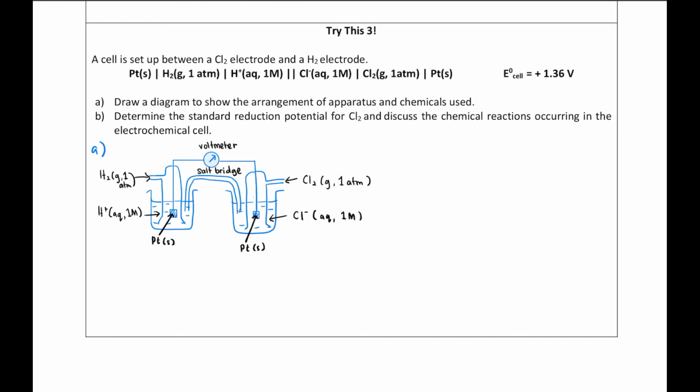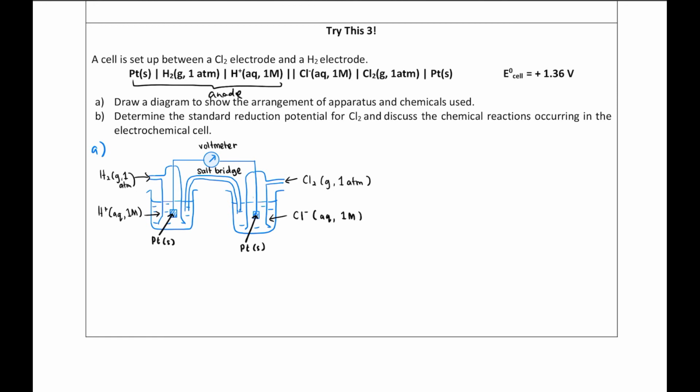This is platinum solid, and ini pun sama, this is platinum solid. And for she, the electrolyte adalah H plus equals 1 molar. And then the gas in adalah hydrogen gas 1 atm. Okay, don't forget to draw your voltmeter. Okay, voltmeter saya buat arrow ke sini sebab saya tahu from this cell notation, ini adalah anode.